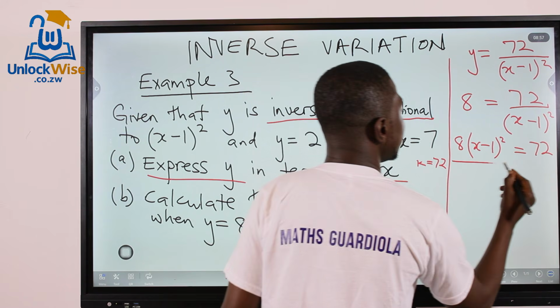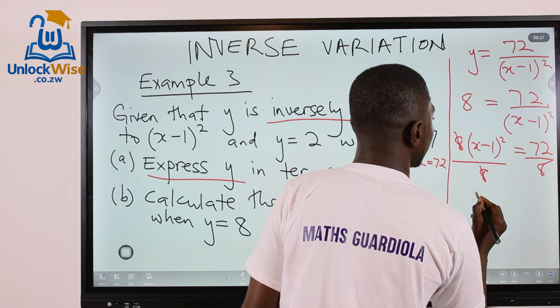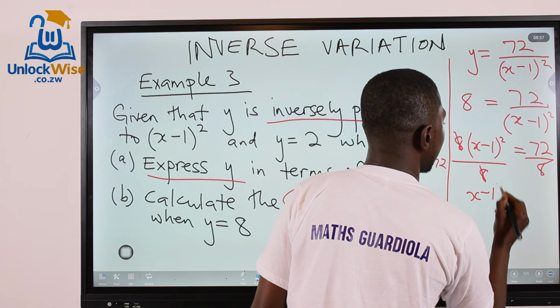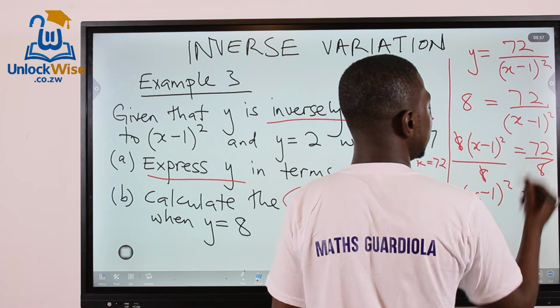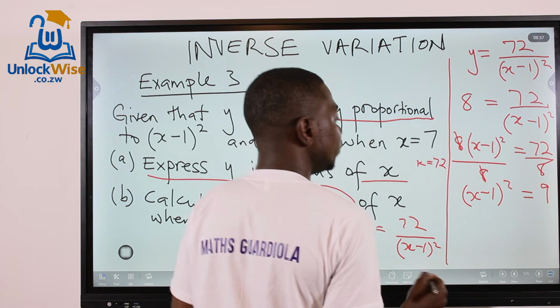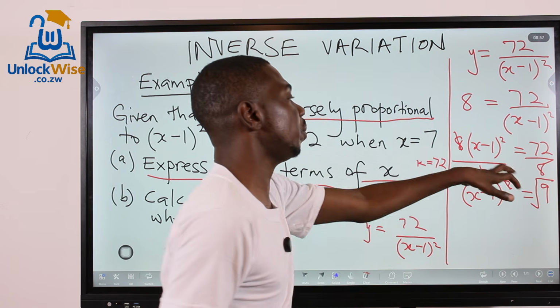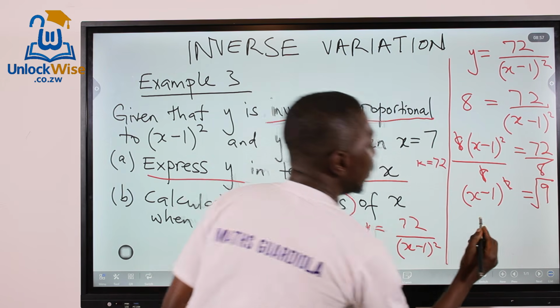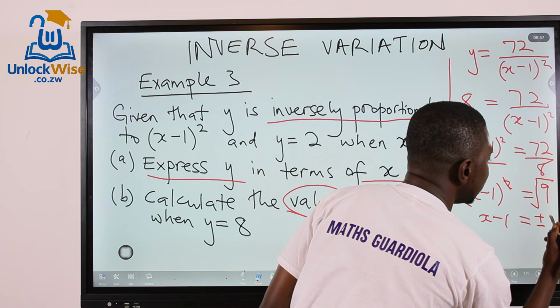And if we divide both sides by 8, we are going to have x minus 1 squared being equals to what is 72 divided by 8 is 9. So we are going to take off the square part here and put a square root there. So we are going to be left with x minus 1, which is equals to plus or minus 3.